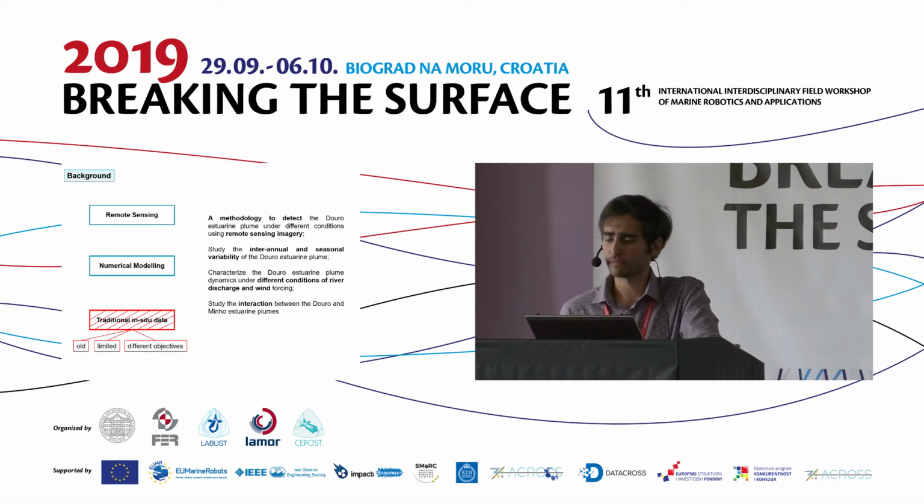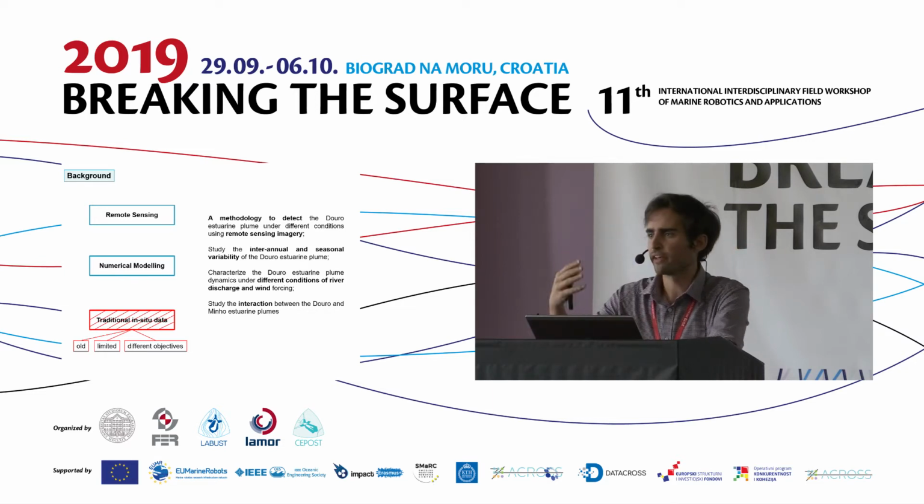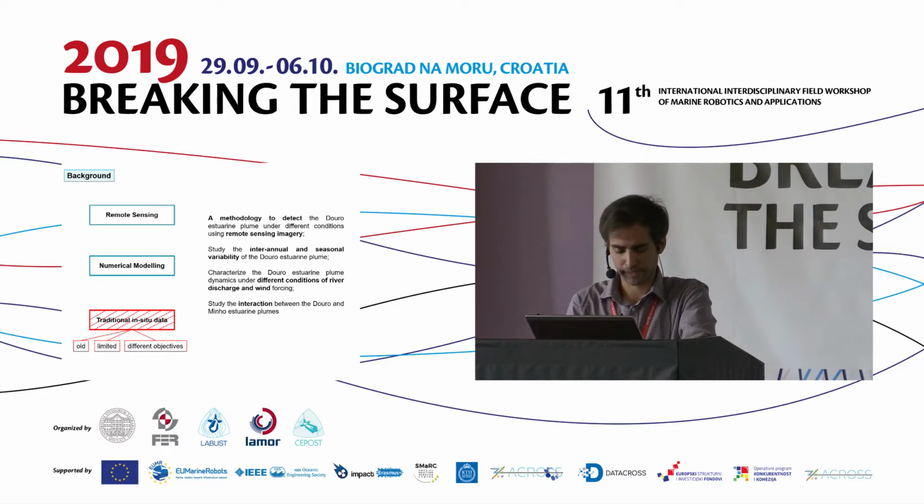They are also limited in space and in time, and were designed for different purposes. The people who went there were interested in other questions, so they were not thinking about river plume propagation.